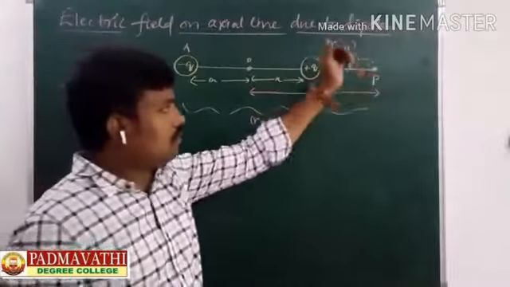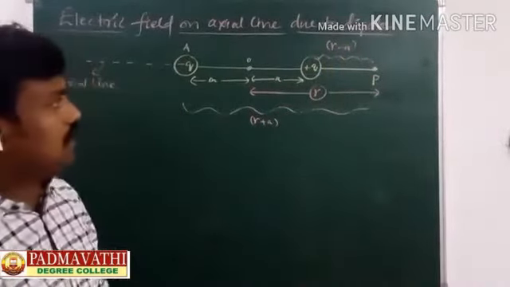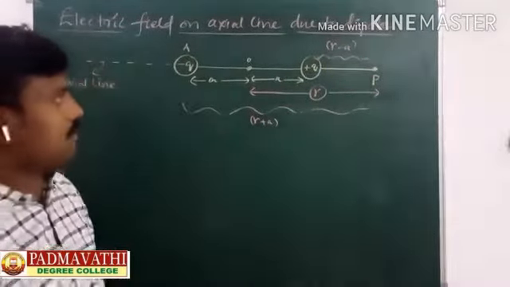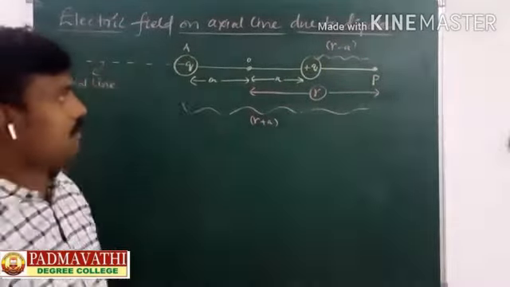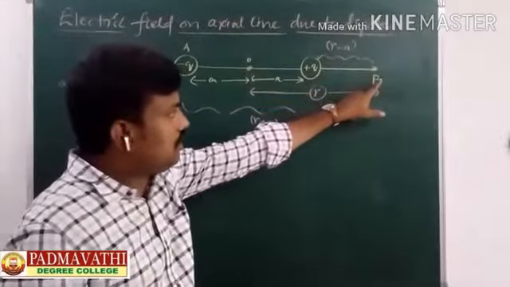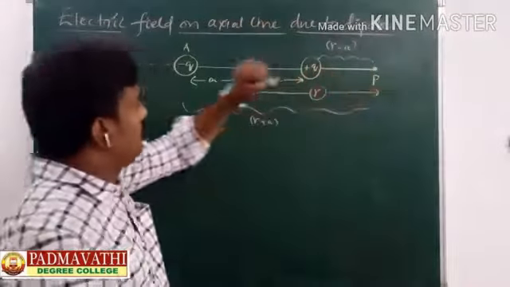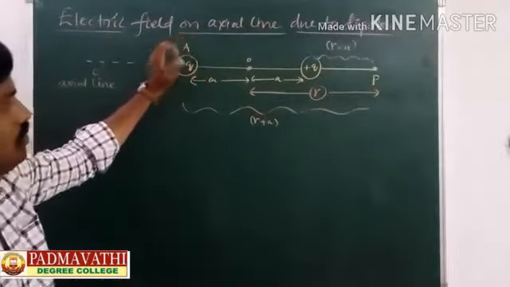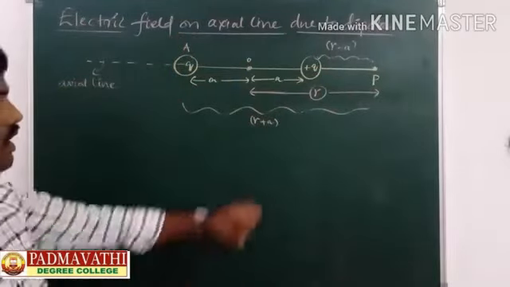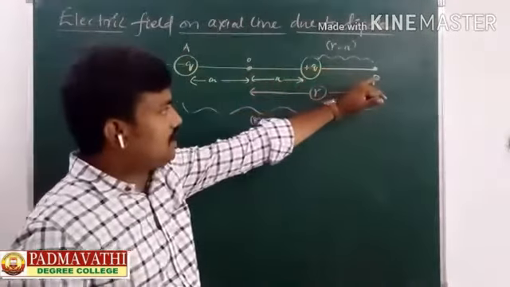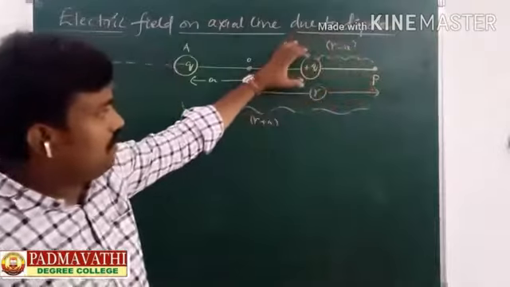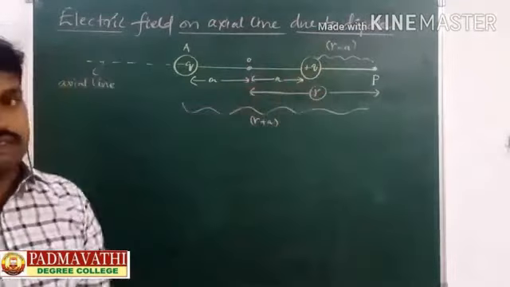So how am I going to know the electric field at point P? The first step is to find the electric field at point P due to the minus Q charge, and after that the electric field at point P due to the plus Q charge.